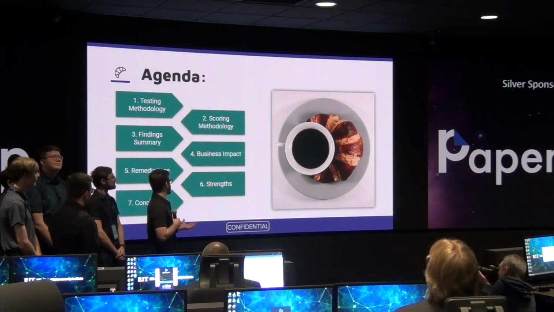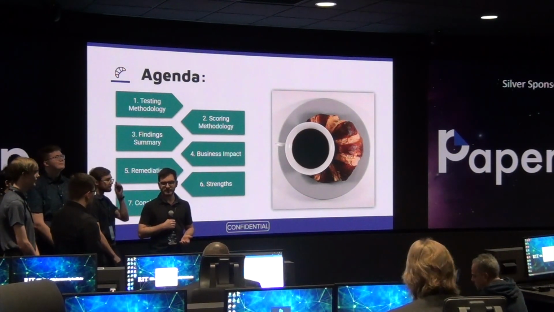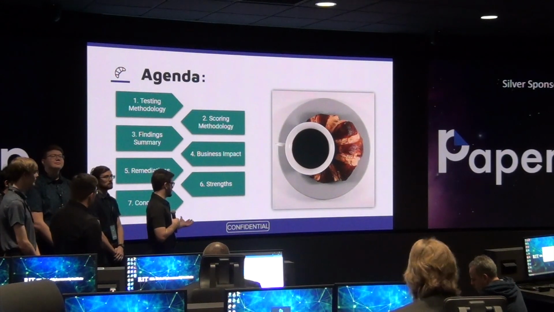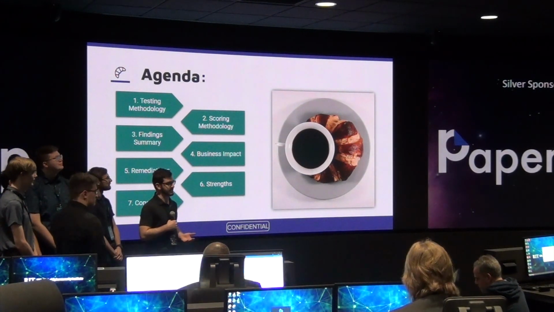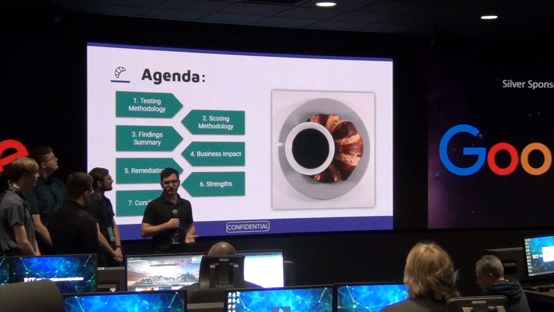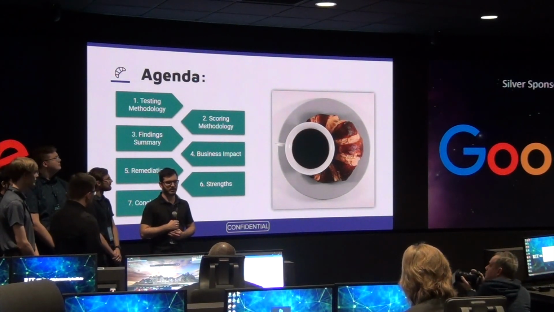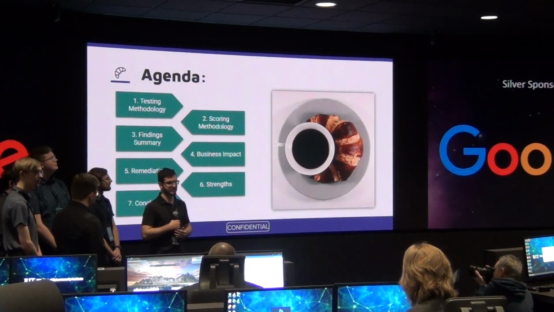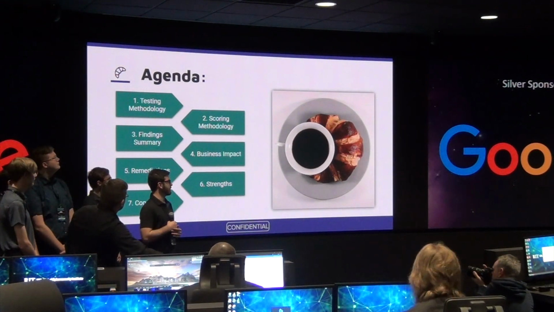Then we'll move on to the overall business impact of our most recent findings and the remediations, which are the key areas for TCC to address based on our findings. Moving on to the strengths that we observed during our penetration test, and concluding with the conclusion and any questions that are still outstanding. I'll be passing it on to my colleague.